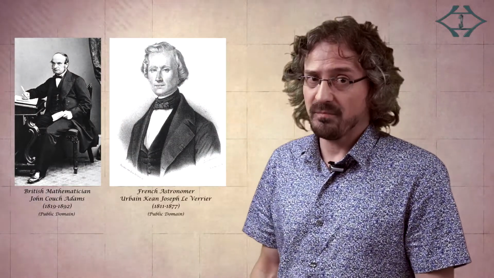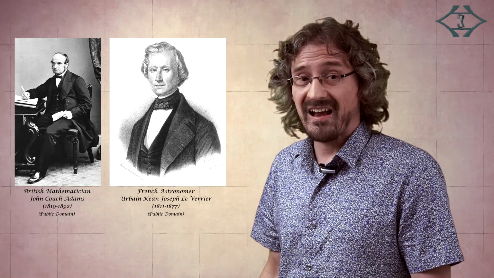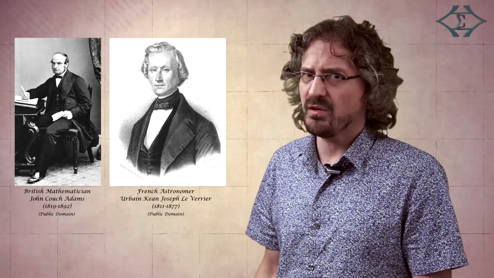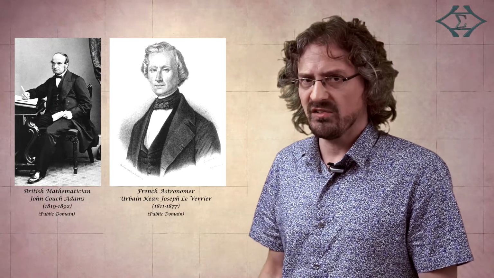This explanation of Uranus's deviating orbit was independently proposed simultaneously by the 19th century astronomers John Couch Adams and Urbain Le Verrier in 1845. However, the significance of Adams' calculations was not fully appreciated, while Le Verrier's work was properly recognised.